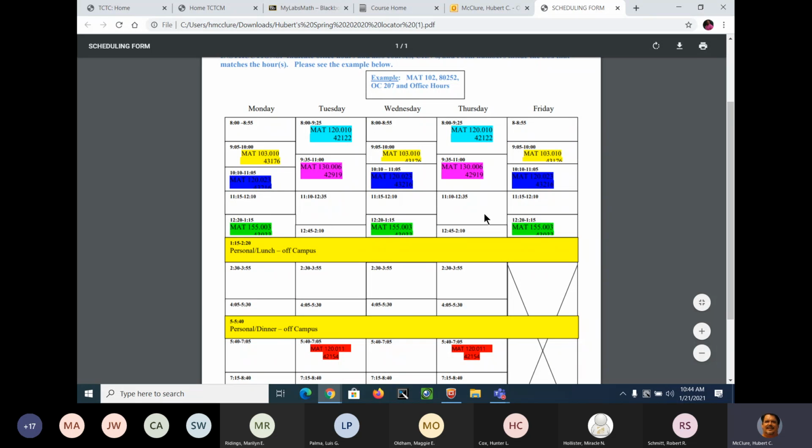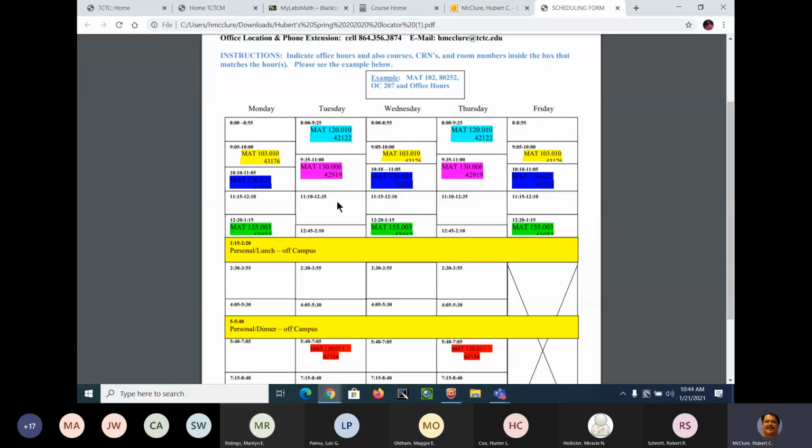Well, it shows you the areas that I'm not busy. In other words, I don't have a lot of office hours, and the reason I don't have office hours is the way that I teach. You don't need office hours because I turn my first part of my class into office hours based on the questions that you send me. Now, my former students, they know what I'm talking about. I'll explain that part of the class Tuesday.